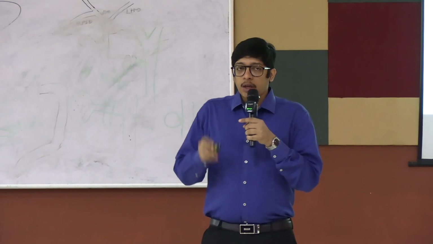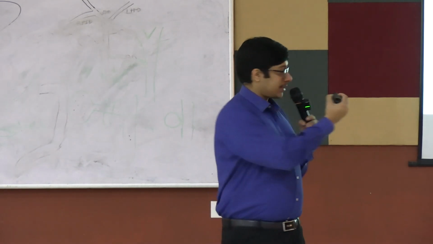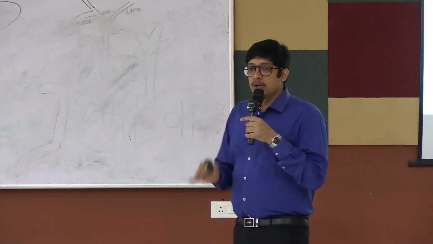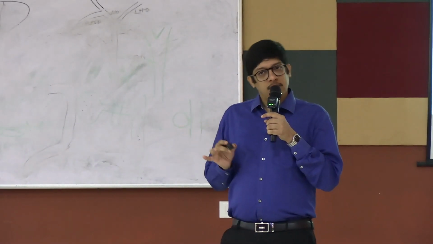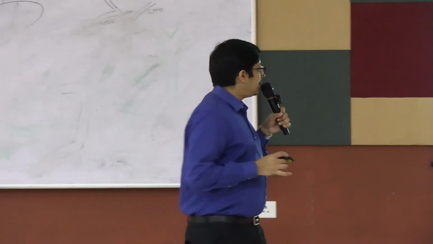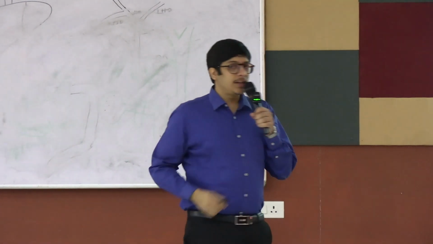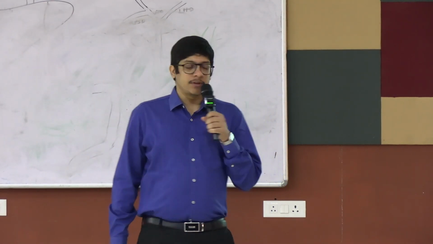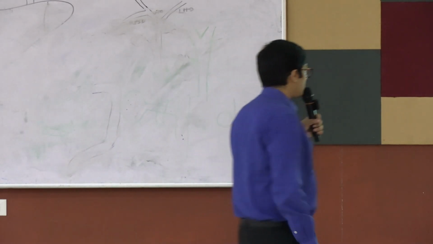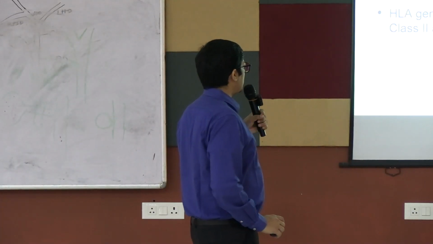Why? Because this last cross matching assay is done to identify preformed antibodies. Okay, so these are the three immunological tests that we perform before selecting a donor and the recipient, so that we can reduce the amount of antigen mismatch.